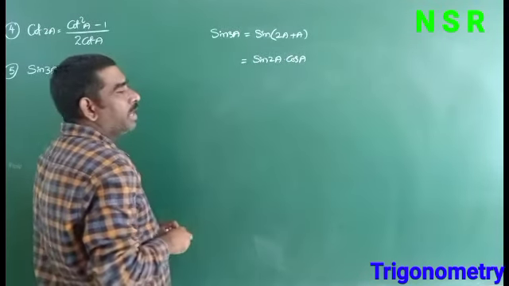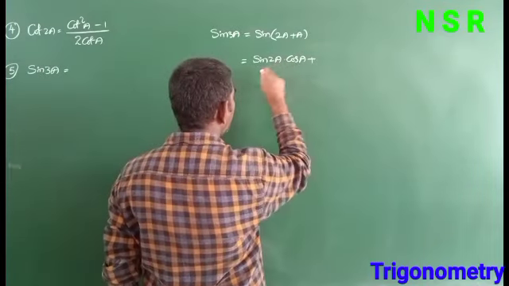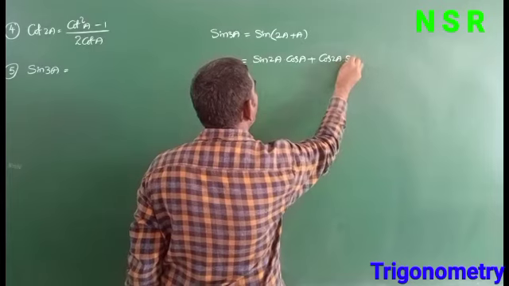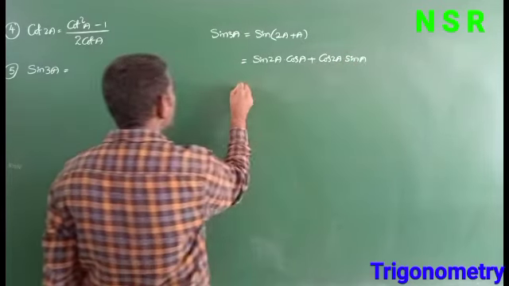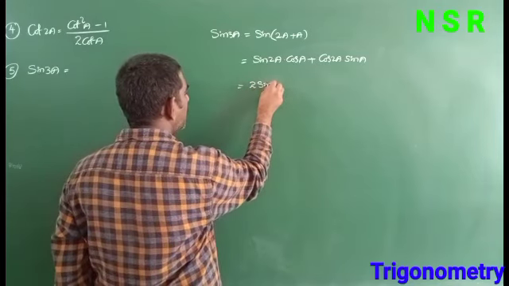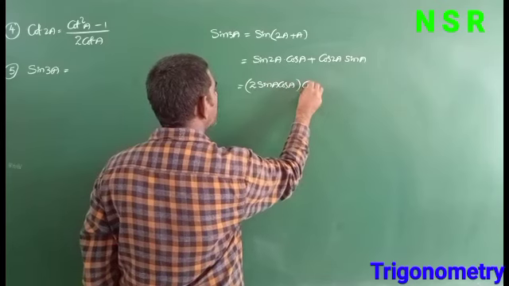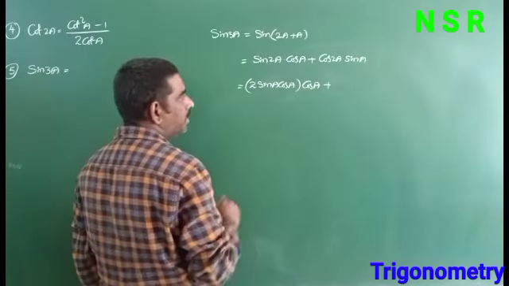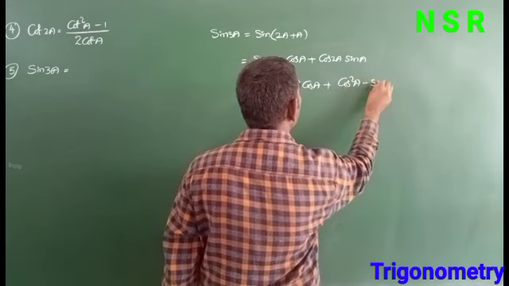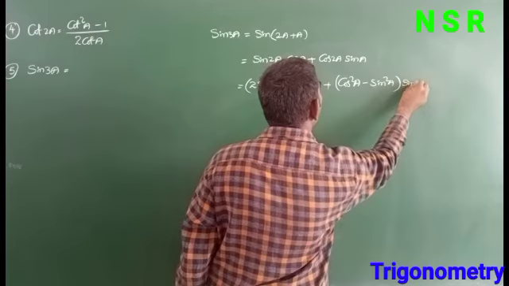In place of a write 2a, in place of b write a. Now in place of sin 2a substitute the formula 2 sin a cos a, into cos a, plus in place of cos 2a write cos square a minus sin square a into sin a.